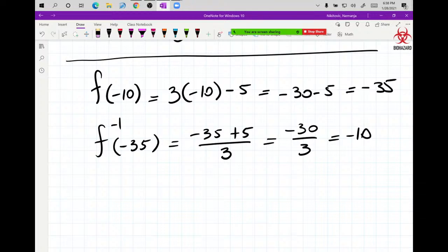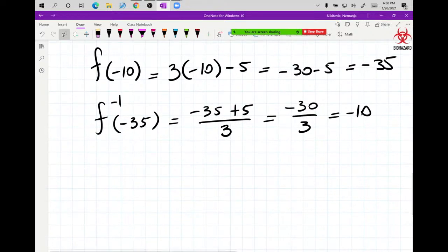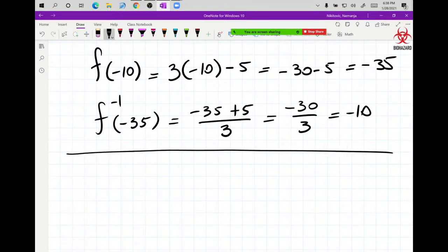So, the inverse of a function will return the value you had before you did the calculation. It's literally the undo button.